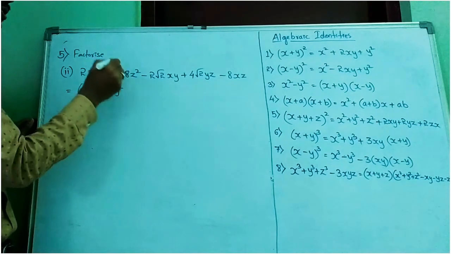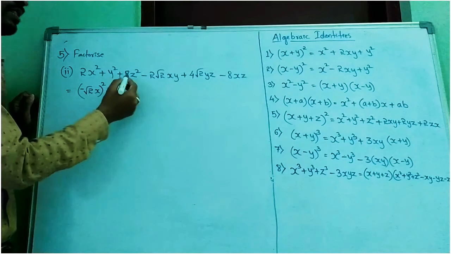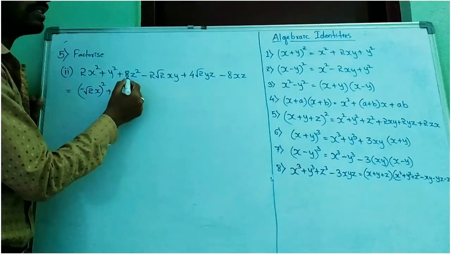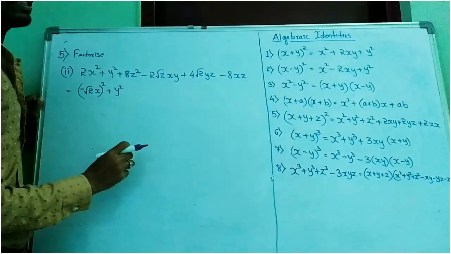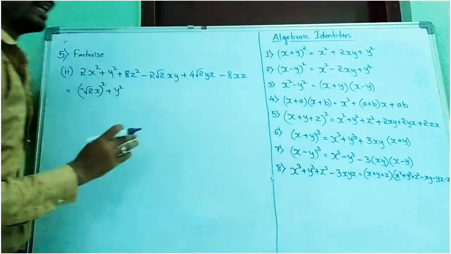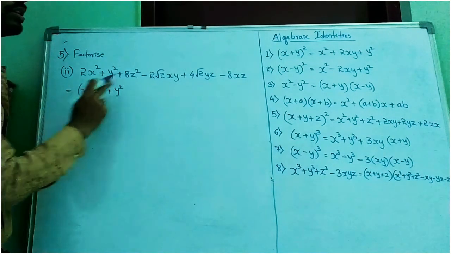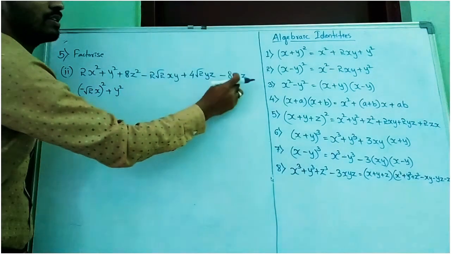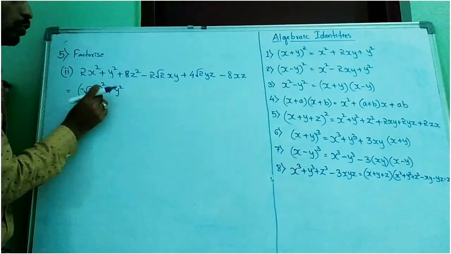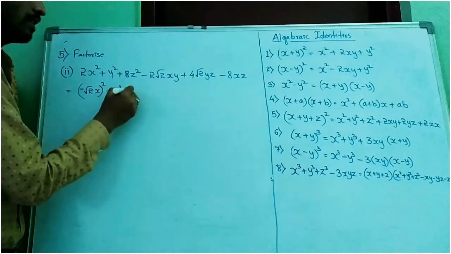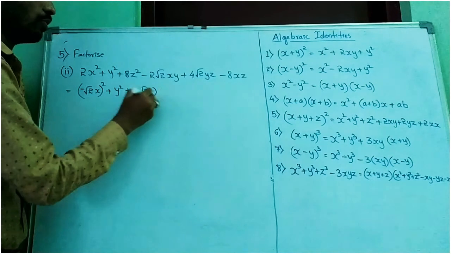Now 8 z square is there. How to split that? See here, again we are getting the 8, and in the zx, means 2zx. Already we have x as minus root 2, then we need the splitting of this 8xz in terms of root 2x. So for this I will change it as 2 root 2 z whole square.